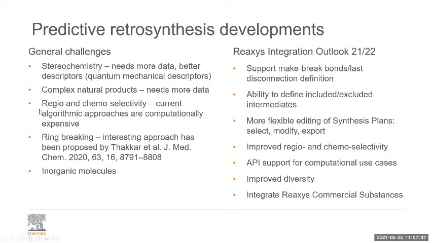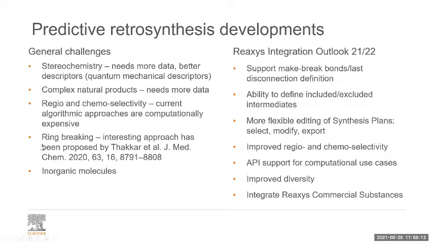Regio and chemoselectivity, it does respect regio and chemoselectivity to a certain extent, but definitely it can be improved, and algorithmic approaches need to be further developed to improve this. We often hear about breaking complex ring systems.